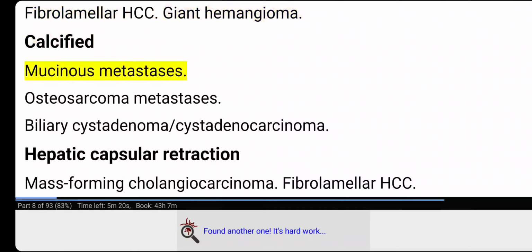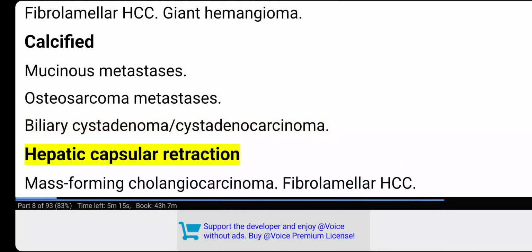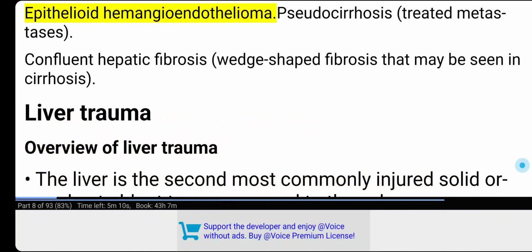Calcified: mucinous metastasis, osteosarcoma metastasis, biliary cystadenoma, cystadenocarcinoma. Hepatic capsular retraction: mass-forming cholangiocarcinoma, fibrolamellar HCC, epithelioid hemangioendothelioma, pseudocirrhosis, treated metastasis, confluent hepatic fibrosis, wedge-shaped fibrosis that may be seen in cirrhosis.